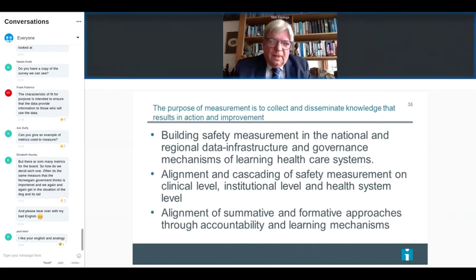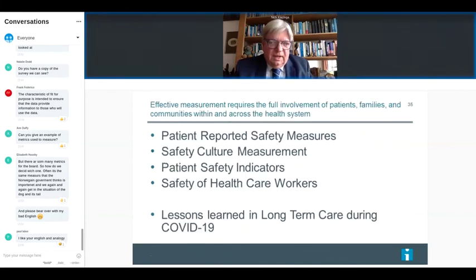So this general principle has a lot of consequences in the way how you look at governance and data infrastructure in healthcare systems.